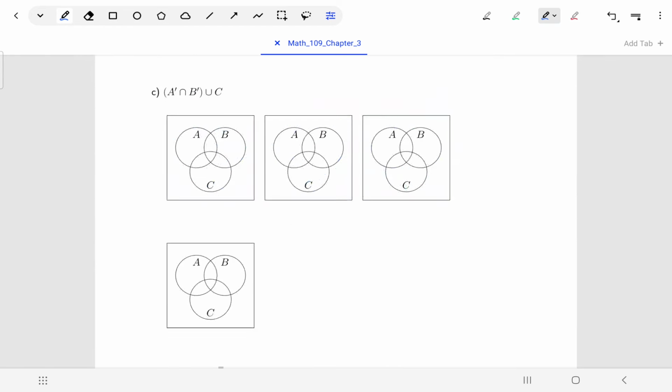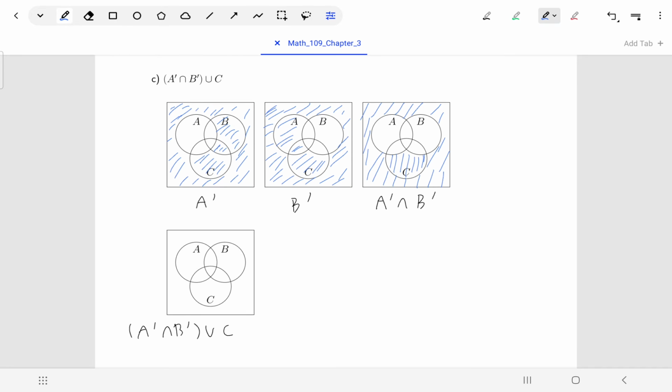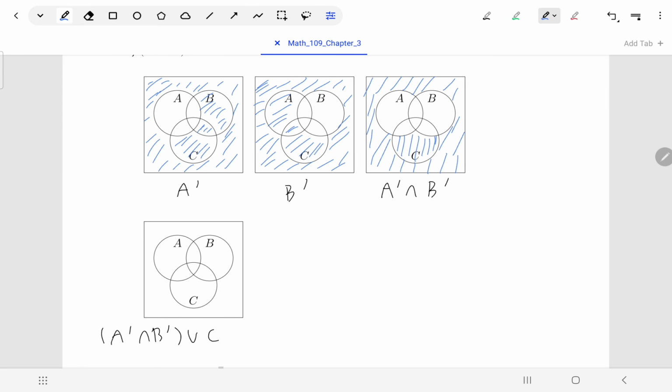And then for my last diagram, I need to now have the union of that with C. So for a union, we're shading anybody who is in the first diagram, or anybody who's inside of C, or anybody inside of both. So I'm definitely going to need all of this stuff. So all of the things that were A complement intersect B complement will need to be shaded.